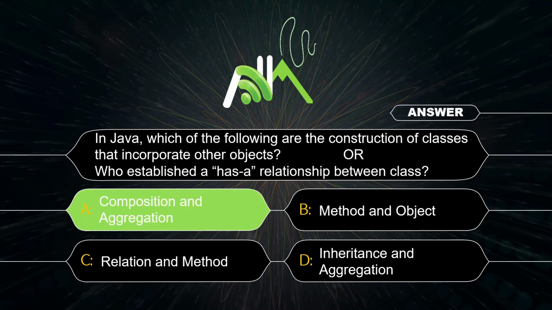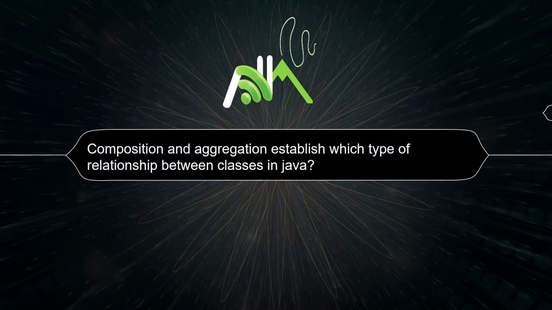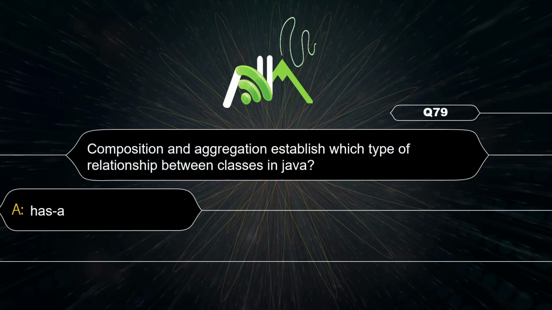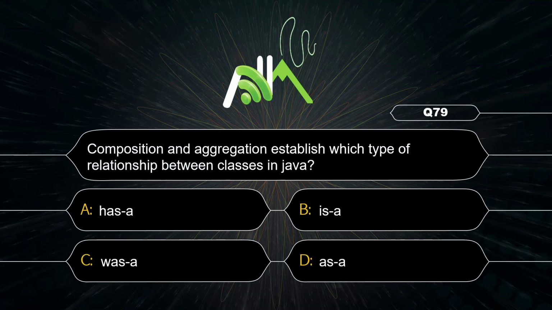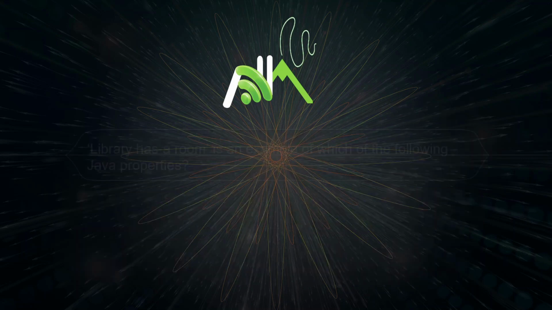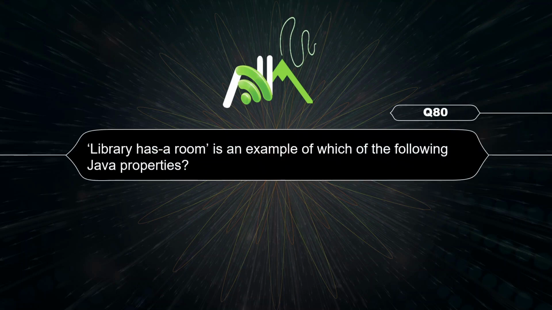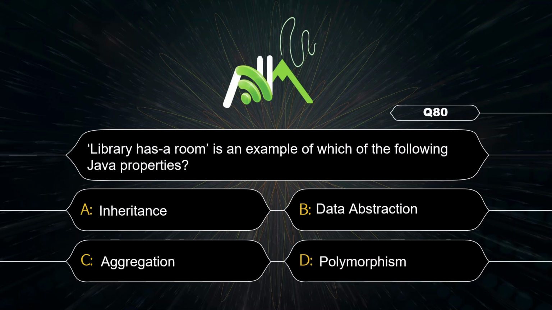Option A. Composition and aggregation establish a has-a relationship between classes. Option A is correct. Library has a room. So this is.